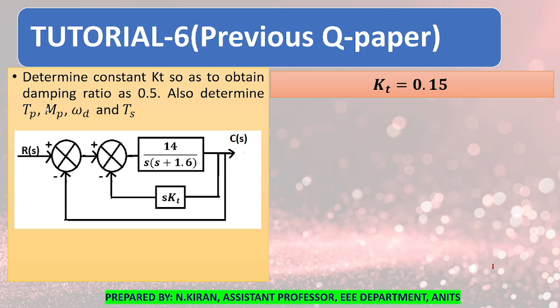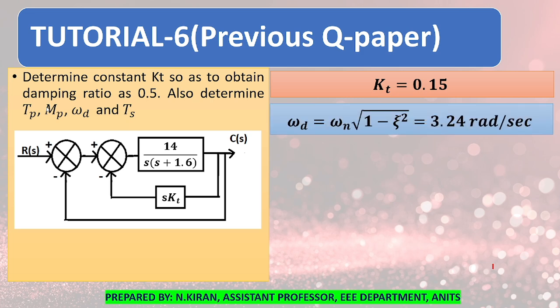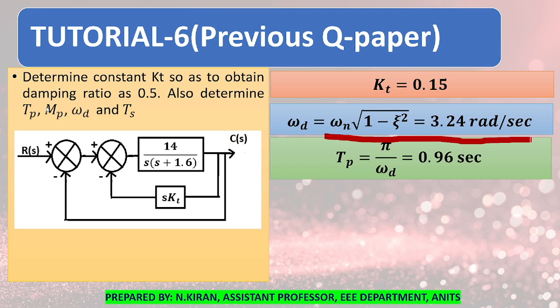The second part, we know the formula omega d is omega n into root over 1 minus zeta square. That will give me the value as 3.24 radians per second. Peak time Tp is pi by omega d, and if I substitute, that will give me the value of Tp as 0.96 seconds.